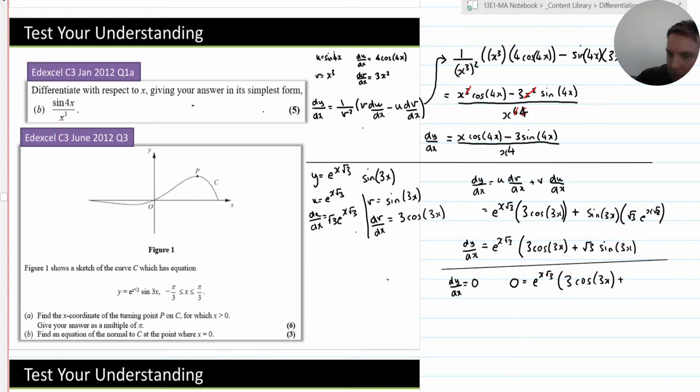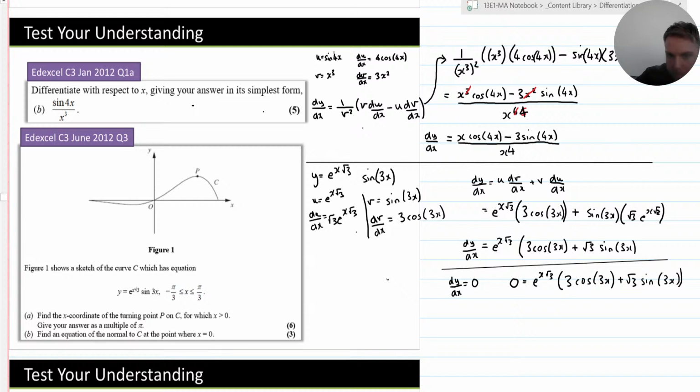So we're going to have 0 is equal to e to the x root 3 times by 3 cos of 3x plus root 3 sine of 3x there, like so. So we're going to get two solutions to this because it's equal to 0.